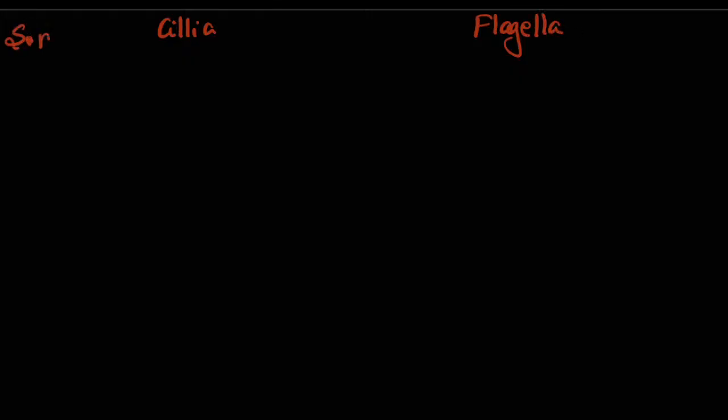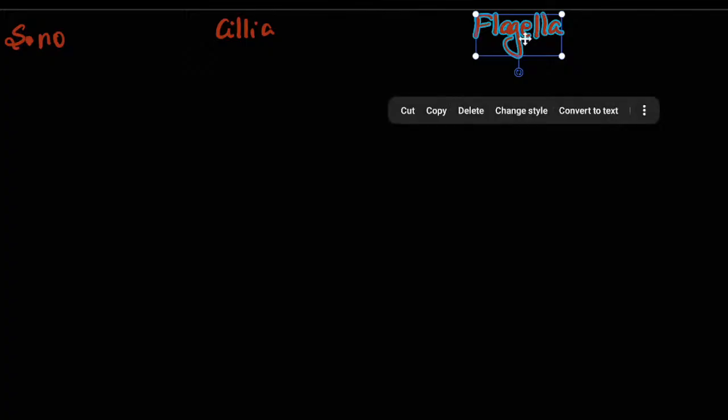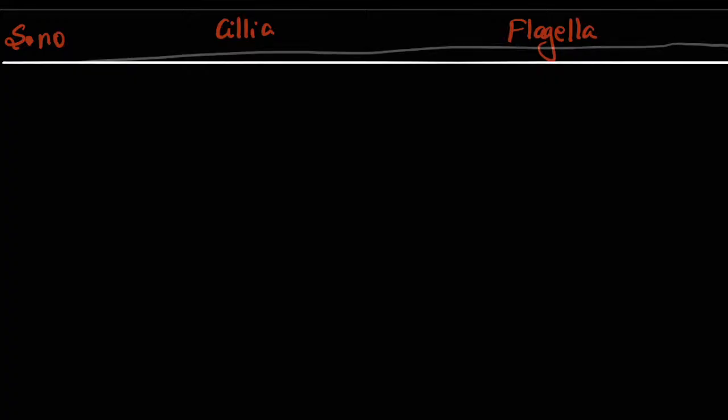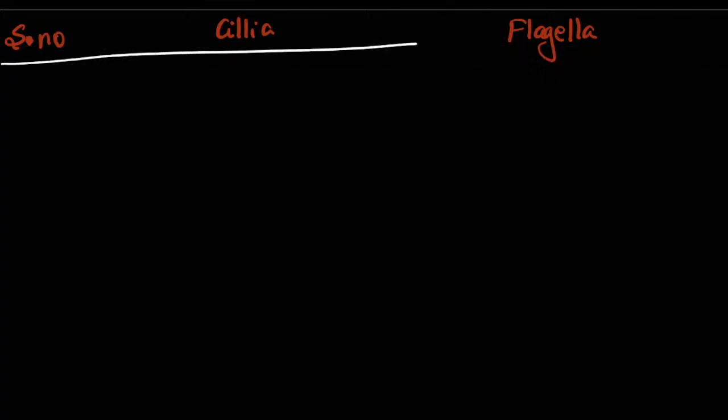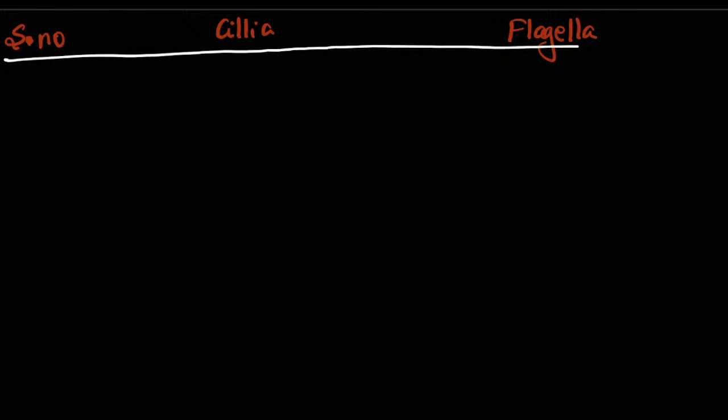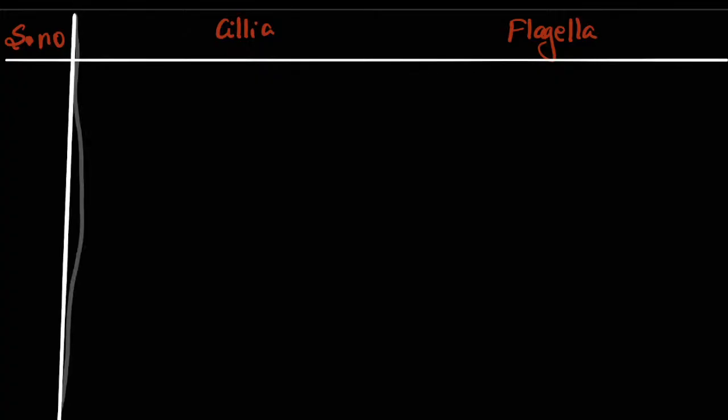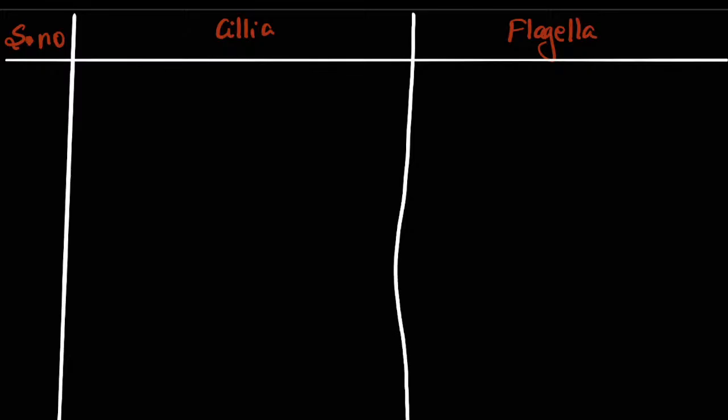The number of cilia per cell is usually very large. A large number would be present.